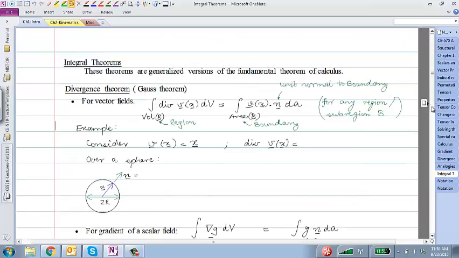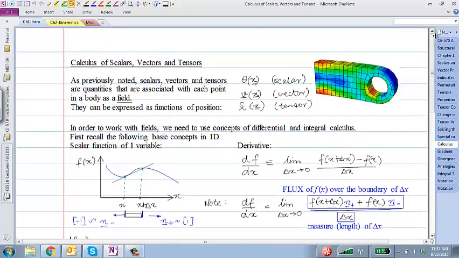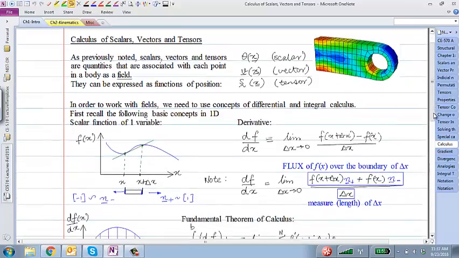Let's see how we can work with some of these derivatives, because when we have fields, we can take derivatives. We also have to integrate it back sometimes, which is going back to the fundamental operations on fields that I had told you about. In 1D, if you have a function, you can take the derivative. We all know how to do that.